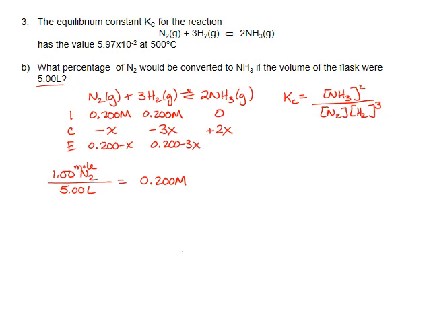To get the equilibrium row, we combine the initial and the change row. Then we plug these equilibrium expressions into our Kc, which remember had a value of 5.97 times 10 to the minus 2.